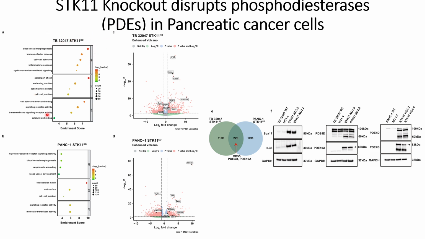Once they analyzed the RNA sequencing data and did the gene ontology analysis to find out which pathways are most upregulated, they found that it's the blood vessel morphogenesis and the immune effector process. These pathways are mostly upregulated in this STK11 knockout, whereas in the case of the PANC1 knockout, they also see blood vessel morphogenesis and G protein coupled receptor response to binding.